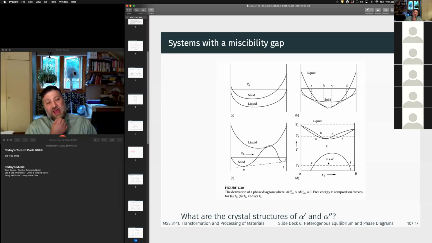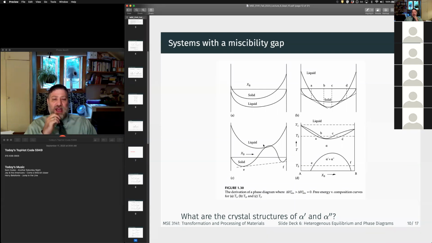So what we have here is the case where A and B both have the same crystal structure, say FCC, for the sake of argument. But in this region in between, we have a mixture of FCC at this composition and FCC at this composition. So they're two different phases because they have different compositions.